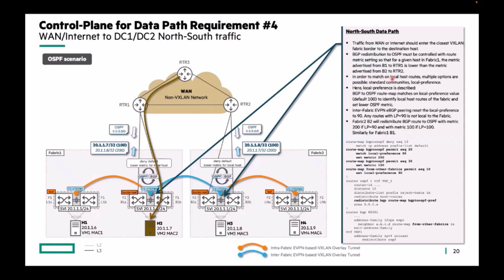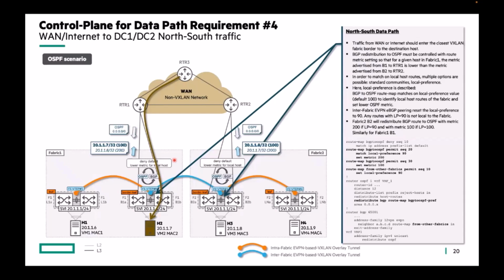In order to match on local host routes, multiple options are there. We can achieve this in different ways: standard communities, local preference, we can do many things. What we are trying to do in this scenario is use local preference as our tool. For BGP to OSPF, there is a route map which matches on local preference value, the default 100, to identify local hosts, H2 let's say, of the fabric, and sets a lower OSPF metric.